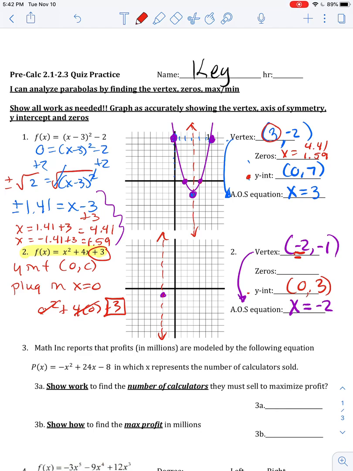Everything would be gone except for that 3, and that's why that becomes my y-intercept. So at 0, it's going to cross at 1, 2, 3. Then since that's 2 to the right of my symmetry line, I go 2 to the left and put its buddy there. And now I have 2 of the 5 points that I need in order to graph this really well. So again, I need space to work.